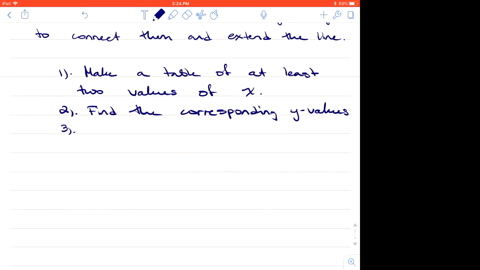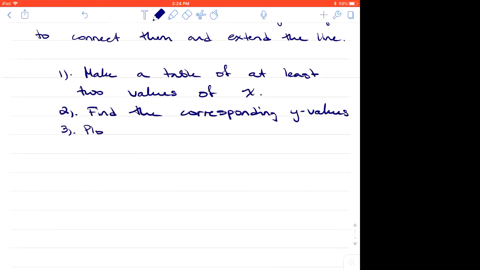So now you have xy pairs. We call those ordered pairs because they have to come in the order of x then y. And so you have ordered pairs, and now you can plot those. So plot the xy coordinates. And just as a fact, when we're talking about xy coordinates, they have to be enclosed in round brackets, separated by a comma, just like I've done there.